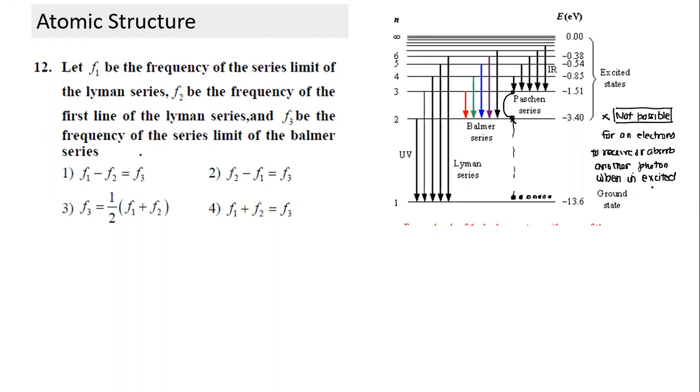Can you think of some reason? Everything is in the ground state initially. So why can't an electron which has been excited receive one more photon with energy corresponding to the energy gap and get to the next higher level? Can anyone think of a reason why this can't happen?